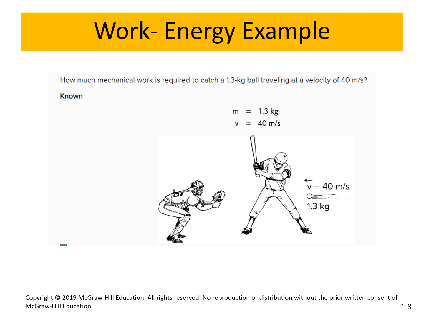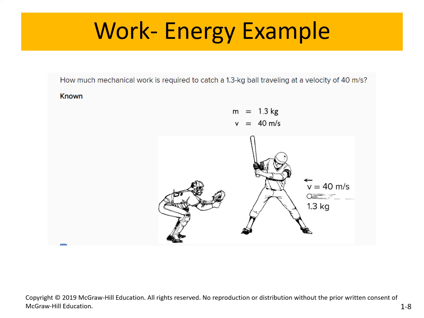Another example about work and energy. Let's say, how much mechanical work is required to catch a 1.3 kilogram ball traveling at a velocity of 40 meters per second? We're going to be using the relationship between work and energy. The work is the change in energy.